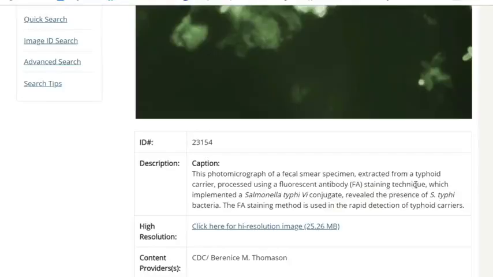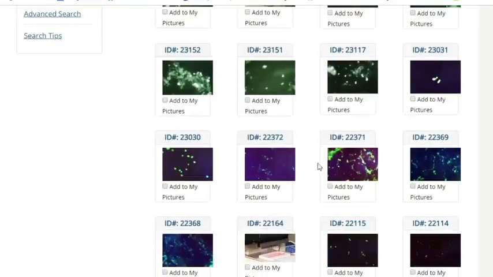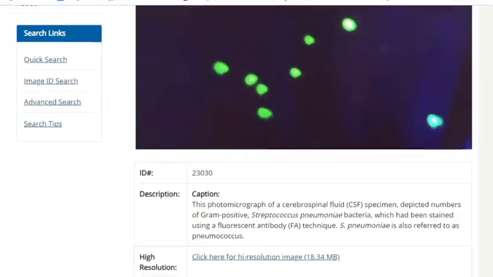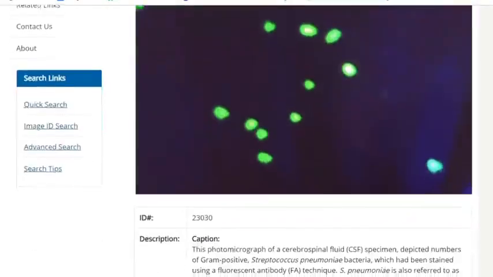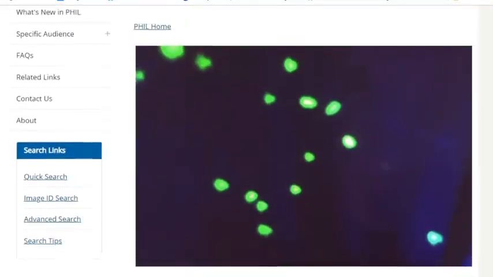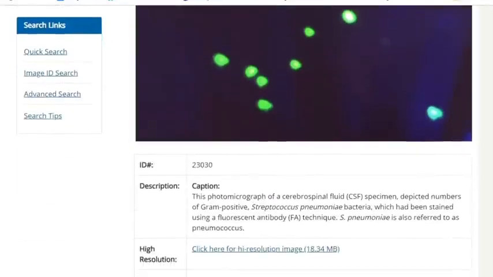Antibody staining technique. Maybe some of these. This is also taken by a regular microscope.